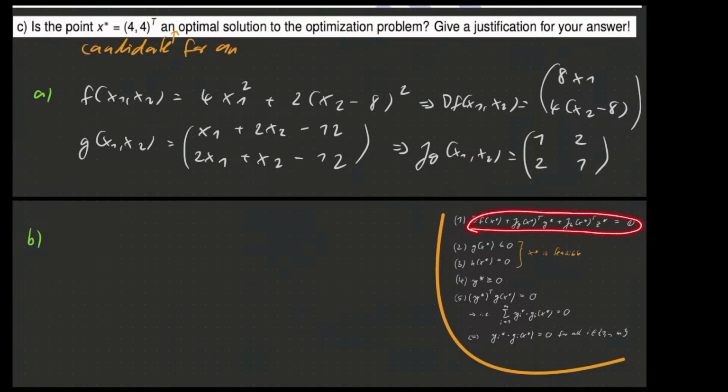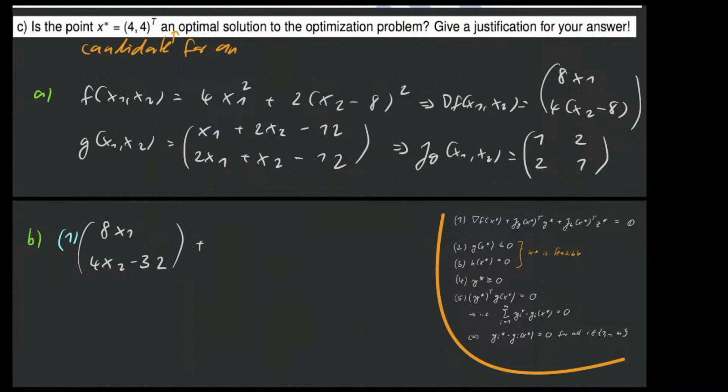And that means for B, we can now write down the constraints. So starting with this one here. Means we get 8x1 and 4x2 minus 4 times 8, that's 32. So that's the gradient of f plus the transposed Jacobian. In that case, that's a symmetric matrix, so that doesn't change anything.